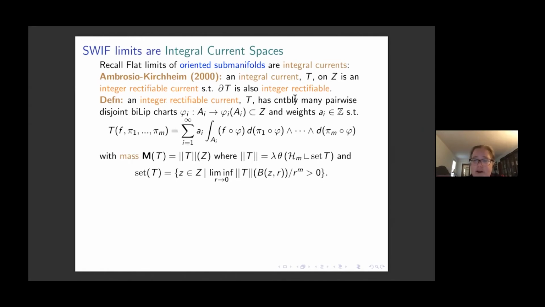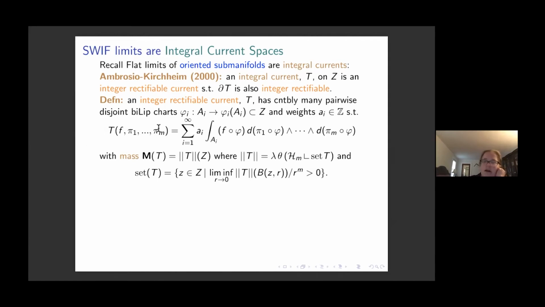And integer rectifiable means you can find countably many pairwise disjoint bi-Lipschitz charts, just that they exist, not that we actually know what they are, and weights a_i in the integers, such that we can write T acting on a tuple of Lipschitz functions, T of (f, π_1, ..., π_m). So f is a bounded Lipschitz function, and these are Lipschitz functions, defined on Z and with real values.